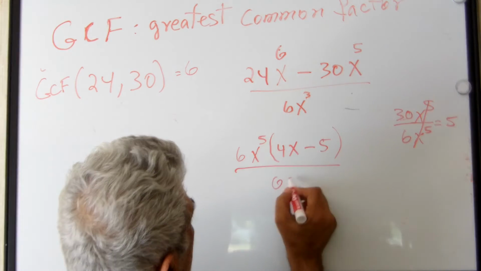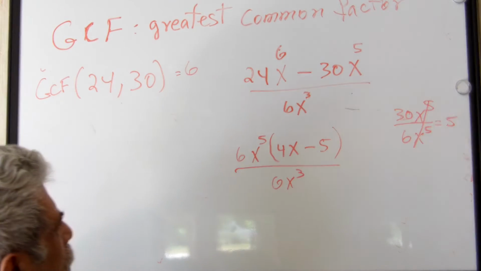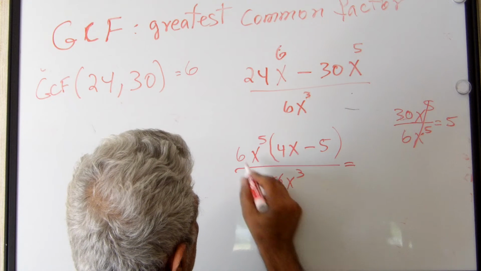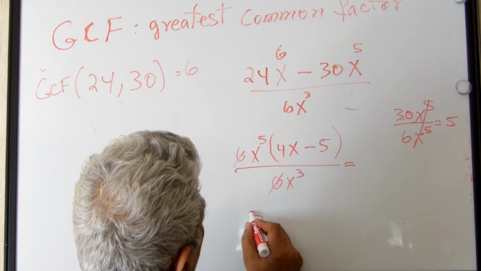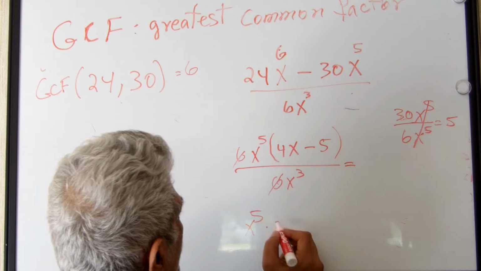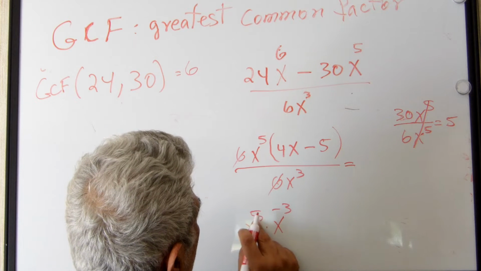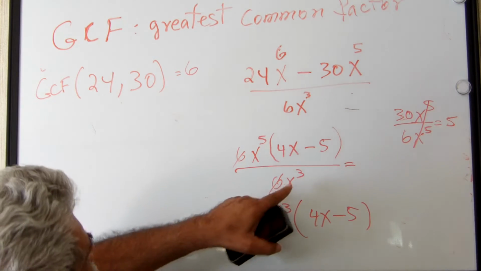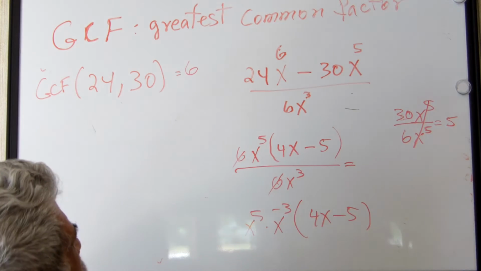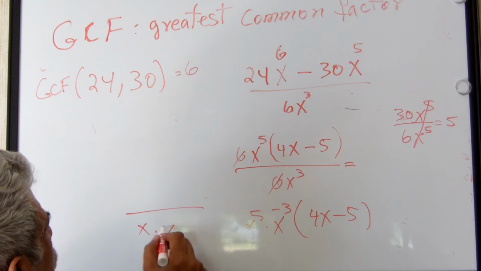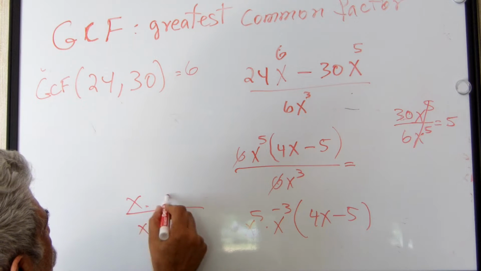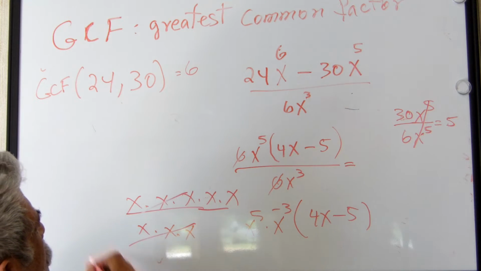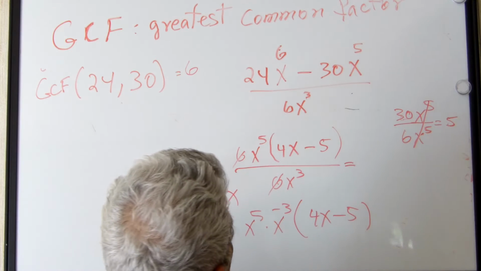Now we simplify: the 6 and 6 cancel out, and the x to the power of 5 cancels out. So the simplified expression is 6x to the power of 5 times (4x minus 5).